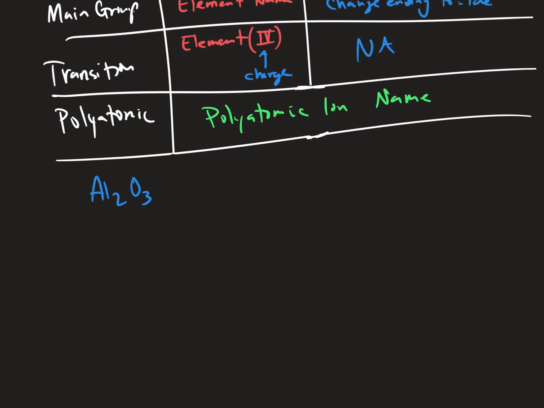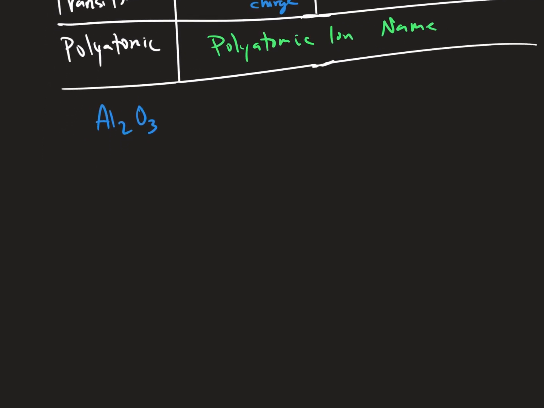Okay. Step 1. Determine type of compound. What are the two types of compounds we're going to learn? Ionic and, we didn't learn the next one yet, covalent.